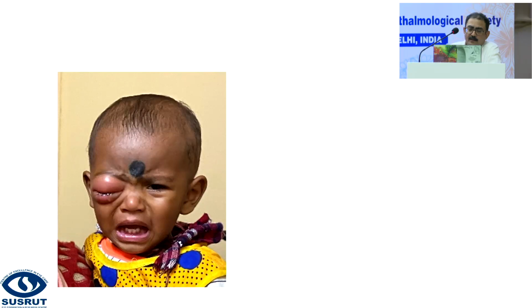Another patient of orbital cellulitis, who needs to be given intravenous antibiotics as well as steroids at the right time. Is there anything else you want to do? Imaging. Blood counts are raised, as a matter of fact.